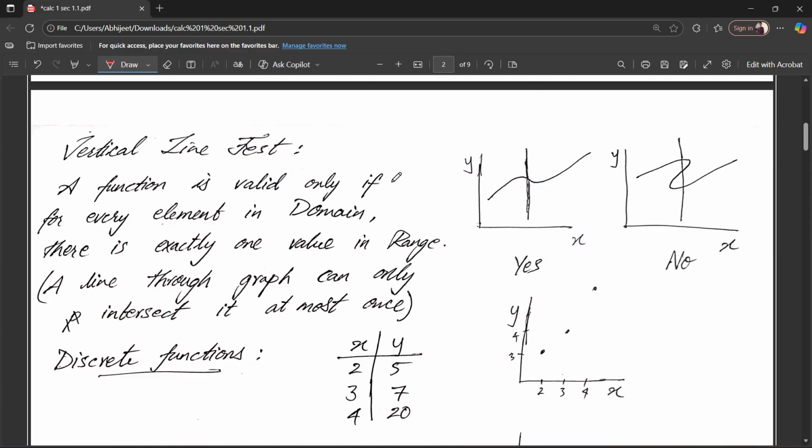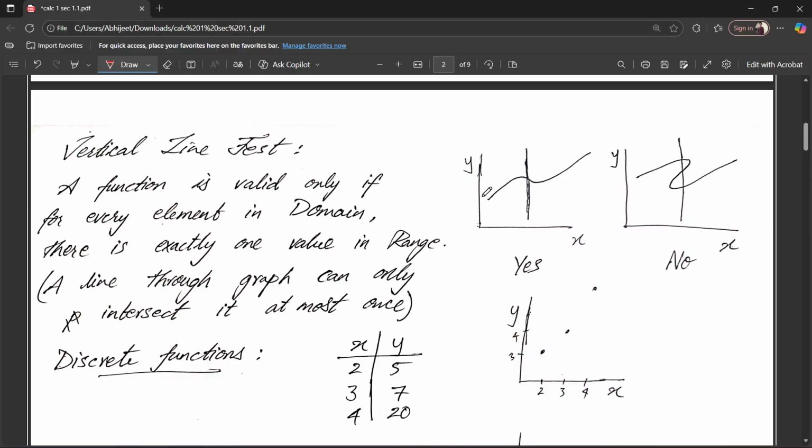Vertical line test. As I said before, a function can take an input and it can only give one output for that corresponding input. If you throw in 7, the function cannot say, okay, the answer is 17 and the answer is 24. No, it can only give you one output.